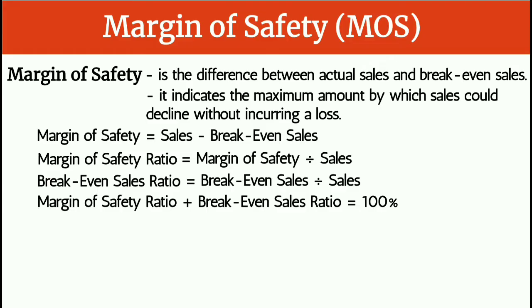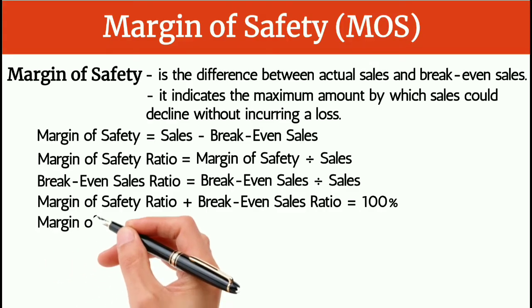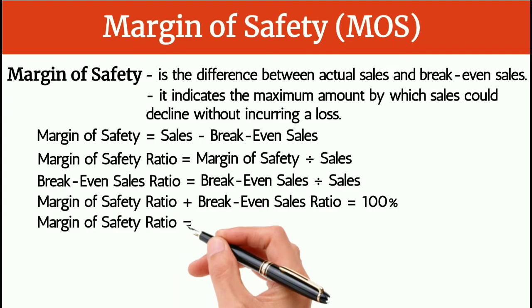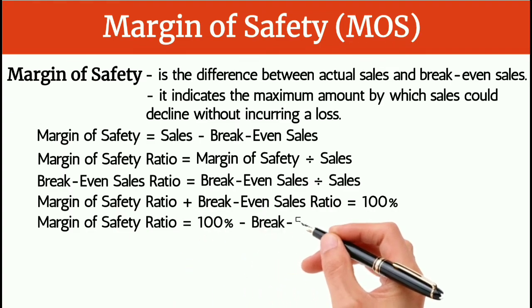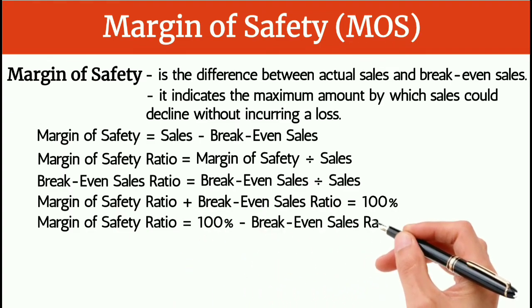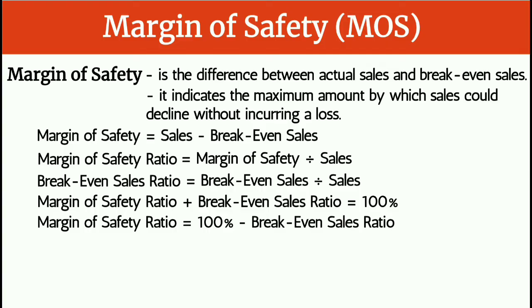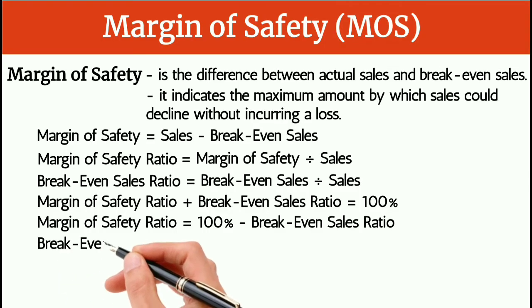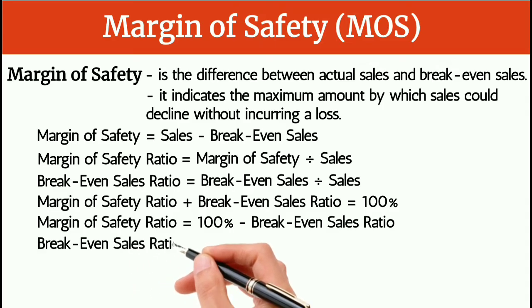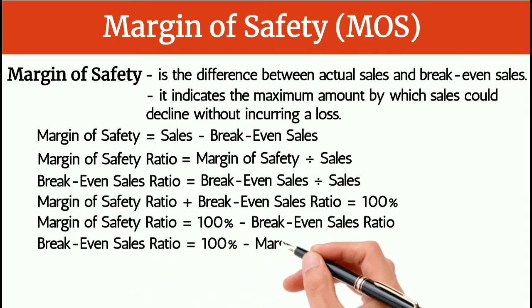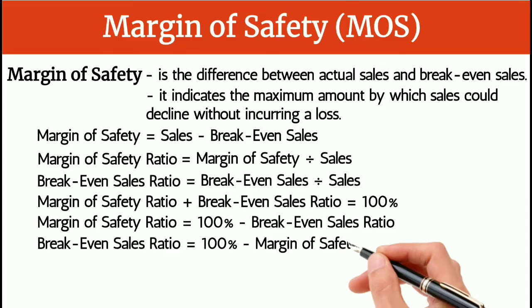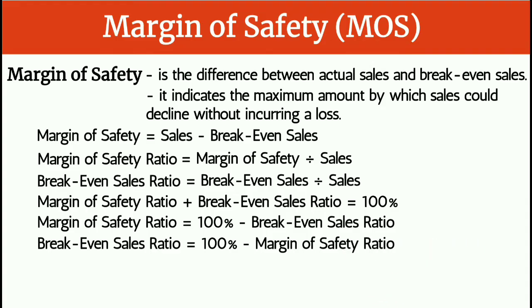So by deriving from this formula, margin of safety ratio is equal to 100% minus break-even sales ratio. And of course, break-even sales ratio is equal to 100% minus margin of safety ratio.